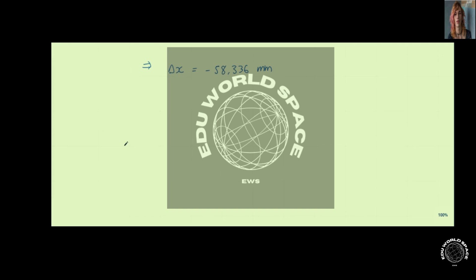So we can actually calculate our coordinates for x b naught and z b naught. Since y b naught is 0, the x coordinate at point b naught is equal to the x coordinate at point q plus delta x. So this is 240 minus 58.336. And so the x coordinate of point b naught is equal to 181.7 millimeters.